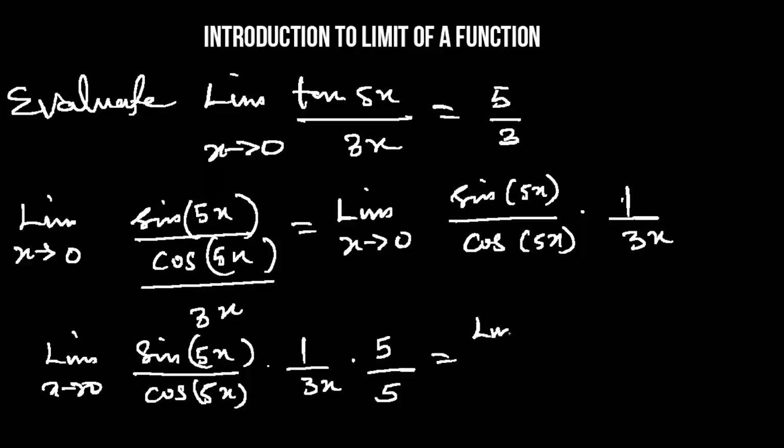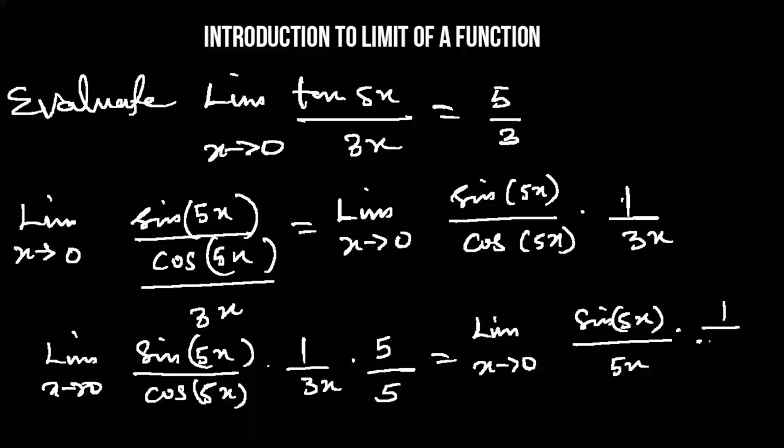And this implies the limit as x tends to 0 of sine 5x divided by 5x multiplied by 1 over 3 cos 5x. I'm trying to manage space there, so let me take this back a bit. Now watch something here. This is going to be sine 5x divided by 3x times 5, and then times cos 5x. But I want to write it as 3 times cos 5x, then times 5x.